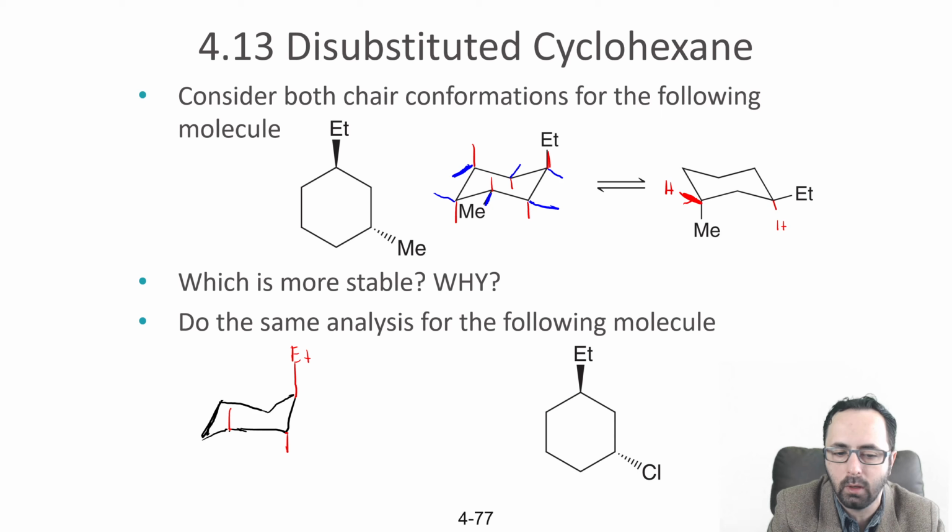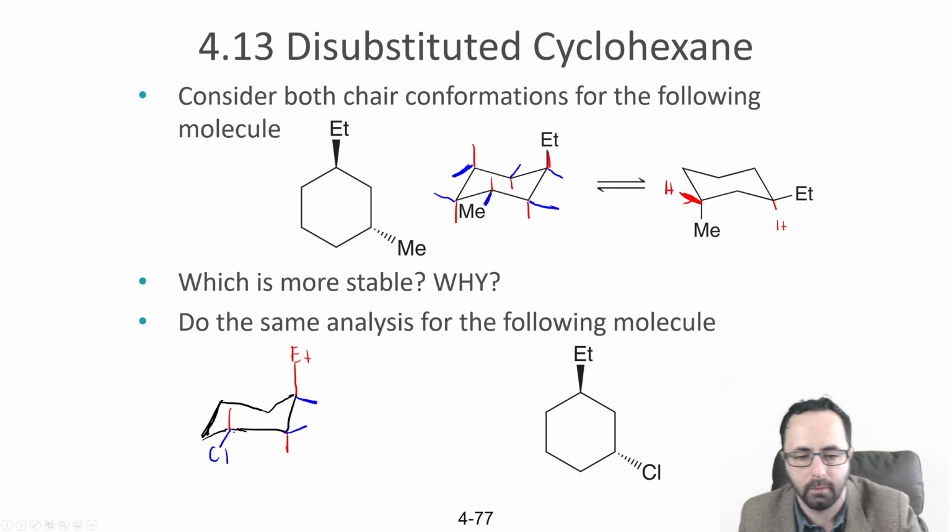So it's going to be, let's see. Oh, I thought I had blue there. Down, up, down. That's where the chlorine is. Okay. And we can do a chair flip.